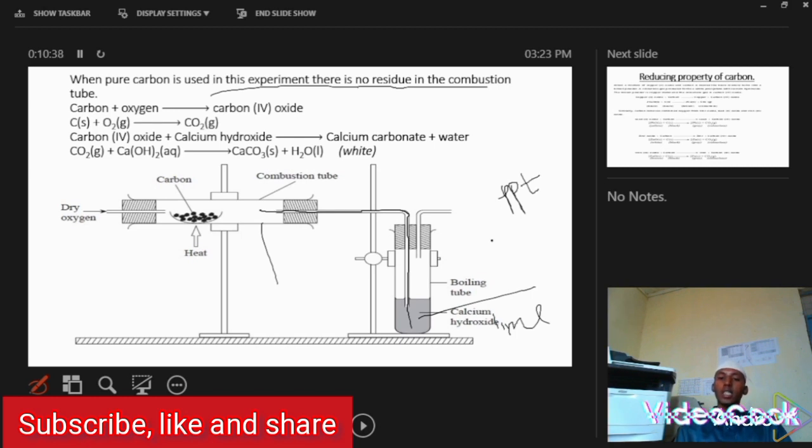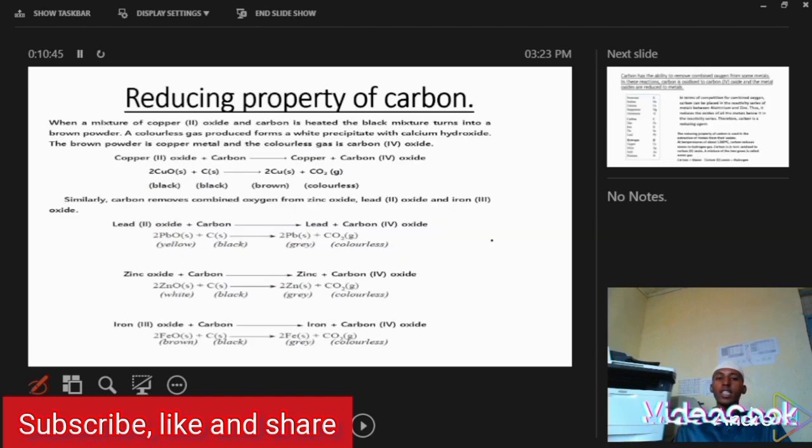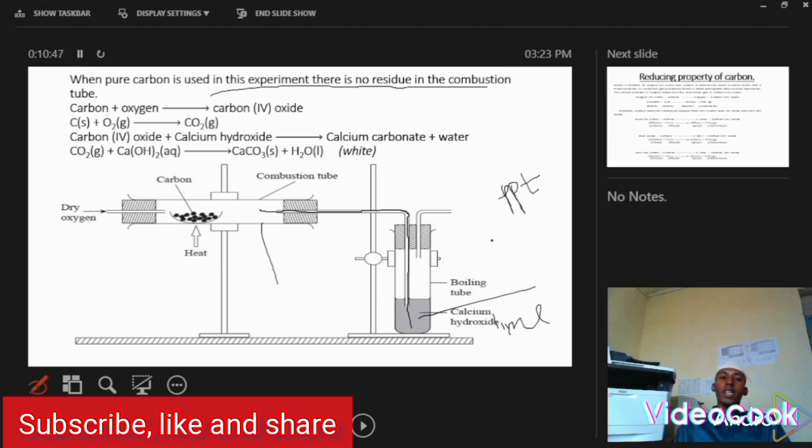A white precipitate is formed when carbon dioxide gas reacts with calcium hydroxide, because carbon dioxide gas plus calcium hydroxide gives calcium carbonate, which is an insoluble salt. Carbon plus oxygen gives carbon dioxide gas, and here we have a word equation and a chemical equation.